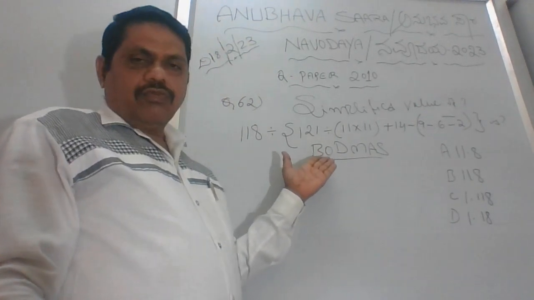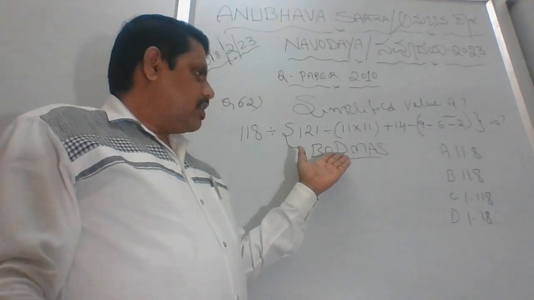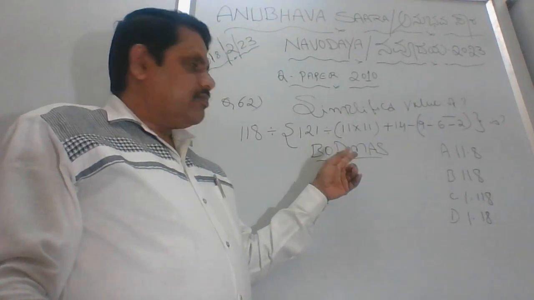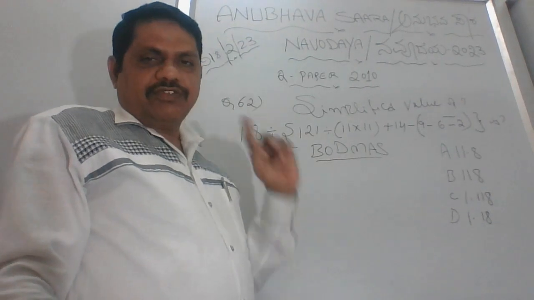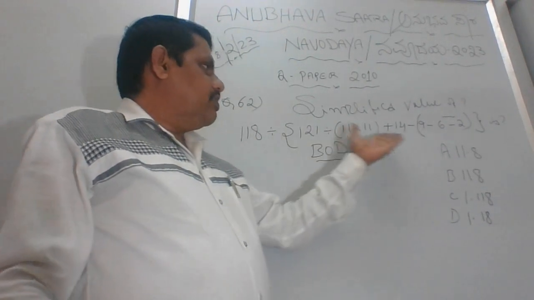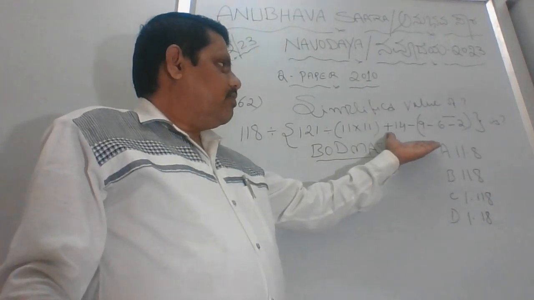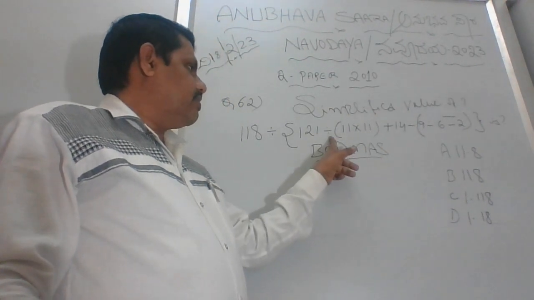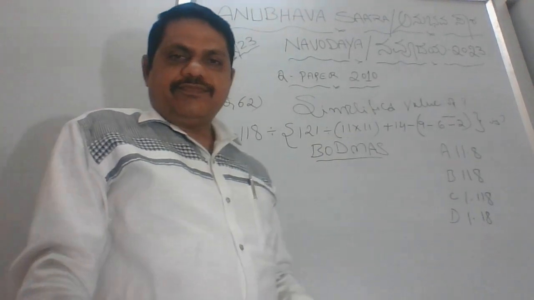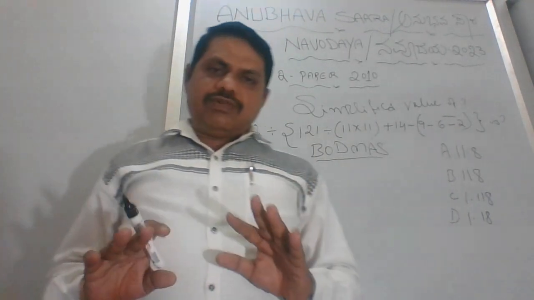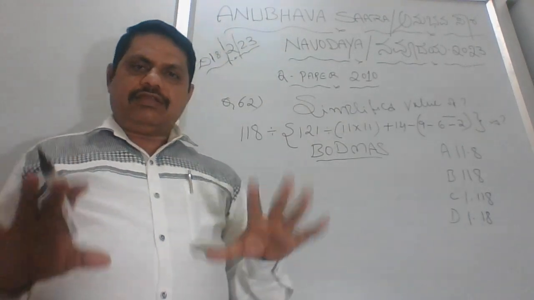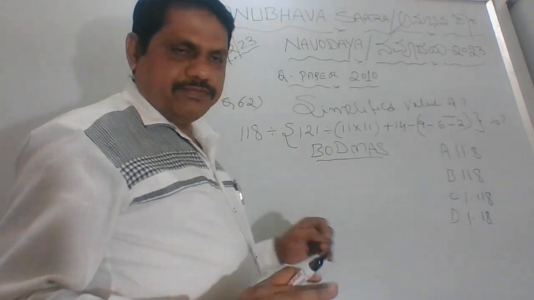We'll remove the brackets, then orders, division, multiplication, addition and subtraction. We have subtraction, addition, multiplication, division and brackets. Clear? So we'll start the question very slowly and very clearly, then we'll get an answer.